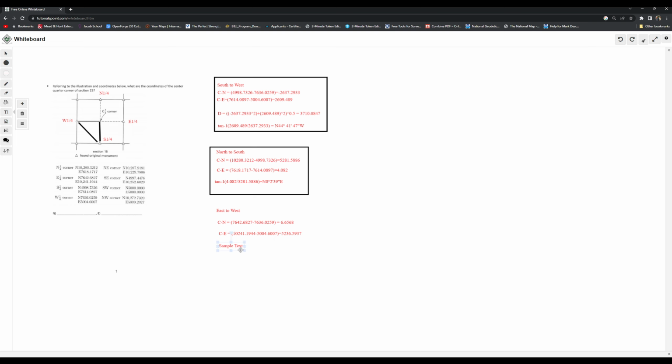So tangent inverse is equal to change in easting, 5236.5937, divided by 6.6568. All right, and that's going to equal the inverse tangent of 5236.5937 divided by 6.6568.